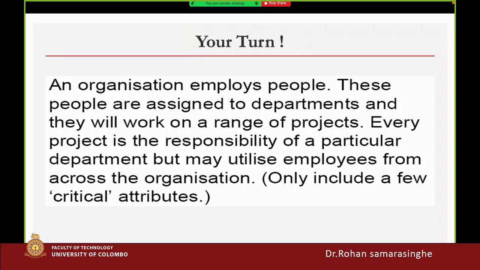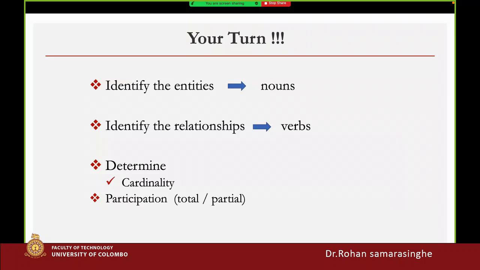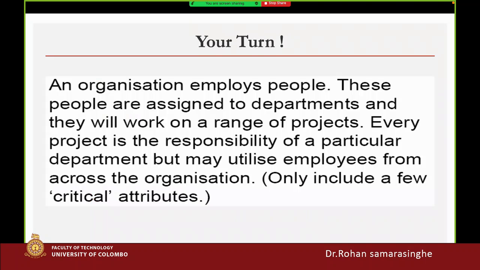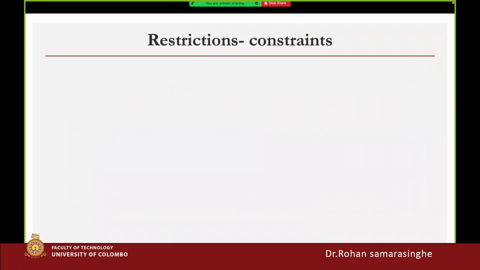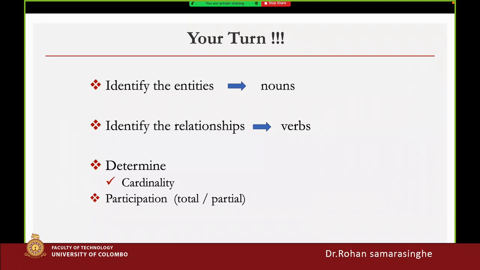Only include the few critical attributes. So, your turn: identify the entities, identify the relationships, determine the cardinality and participation, total or partial participation. Okay, so I am going to wind up.